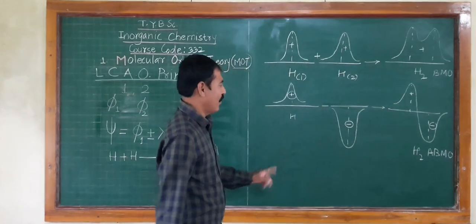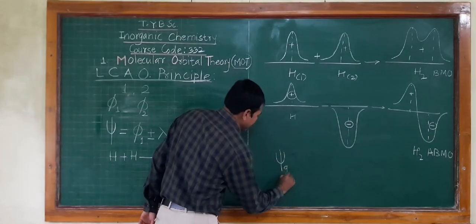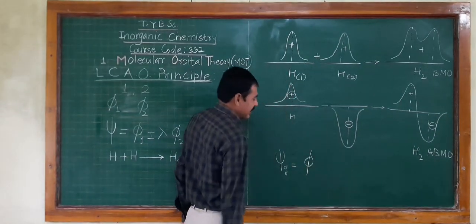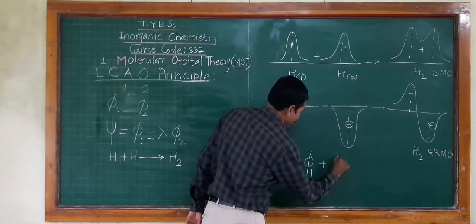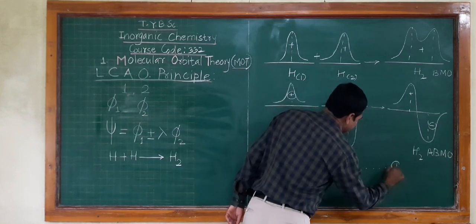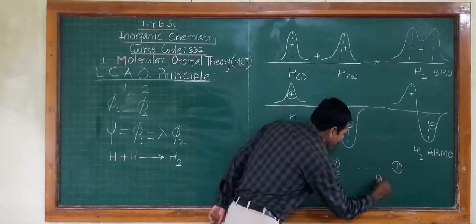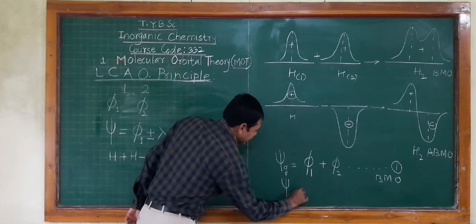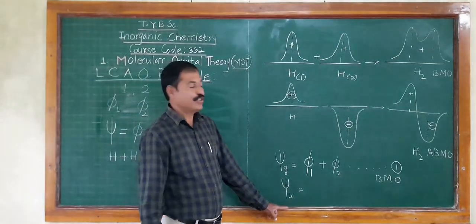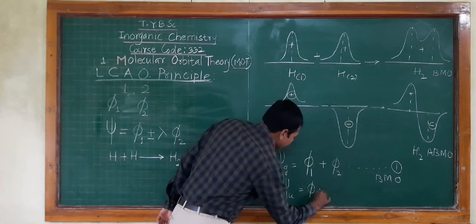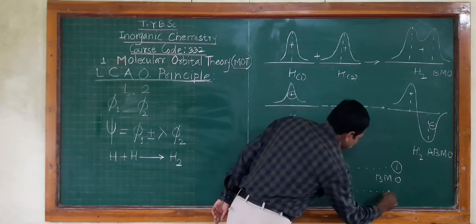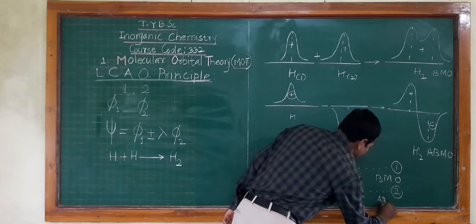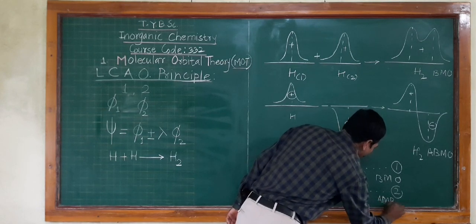The equation is psi g, where g is for gerade, that is even, equal to phi 1 plus phi 2. This is equation number 1, and it represents the bonding molecular orbital. Then the second is psi u, where u is ungerade, that is odd, equal to phi 1 minus phi 2. This is equation number 2, and it represents the anti-bonding molecular orbital.